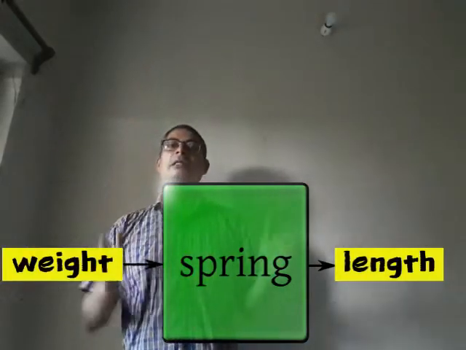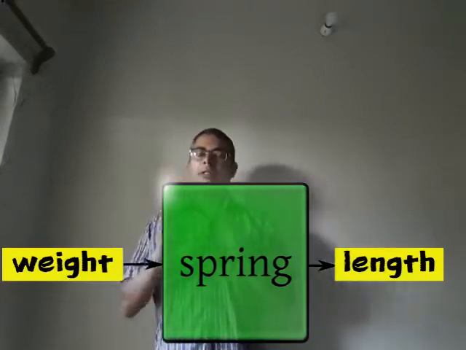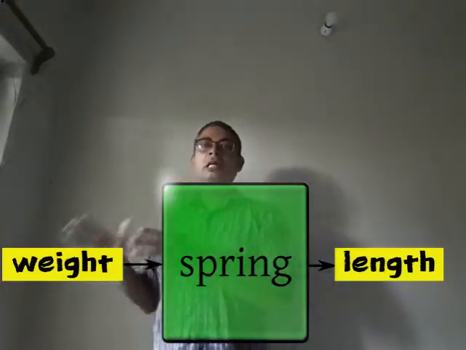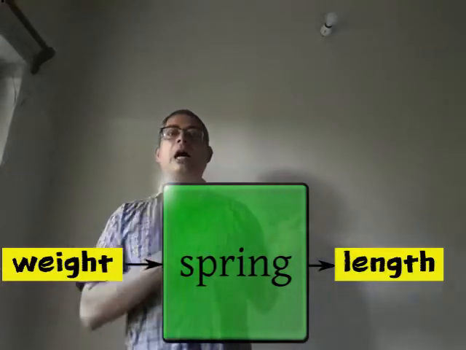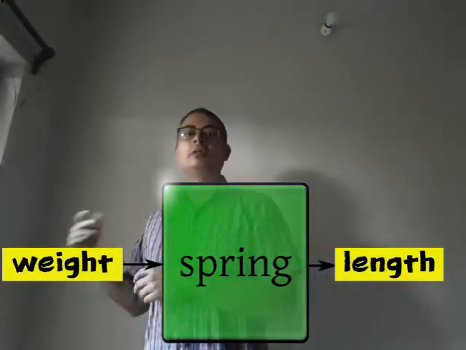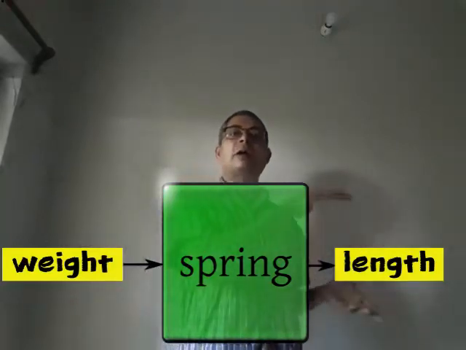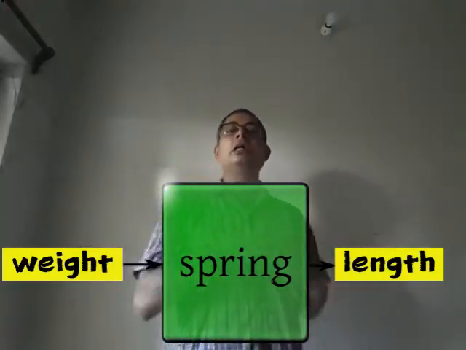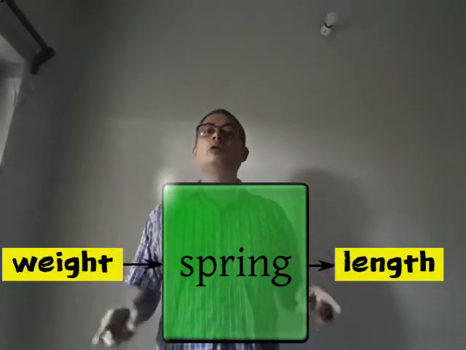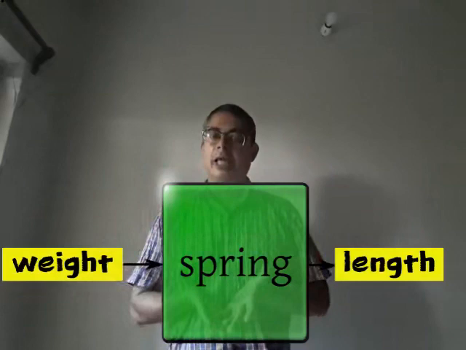The spring is like a black box, well, in this case it looks like a green box, but you understand. The input is the weight and the output here is the length. We put various values of the weight and see what values of the length we get. Based on that, we want to make some inference about how this object behaves.